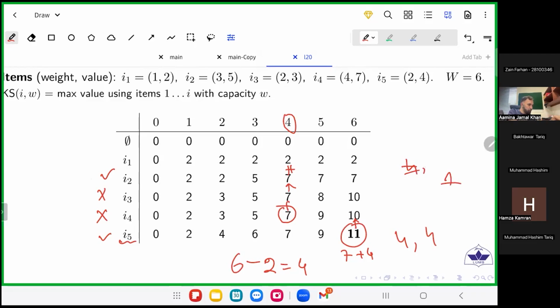1 comma 1 is this item. This is more than 0, which means that you picked item 1. Did you pick these 3 items? 1, 2, and 5?